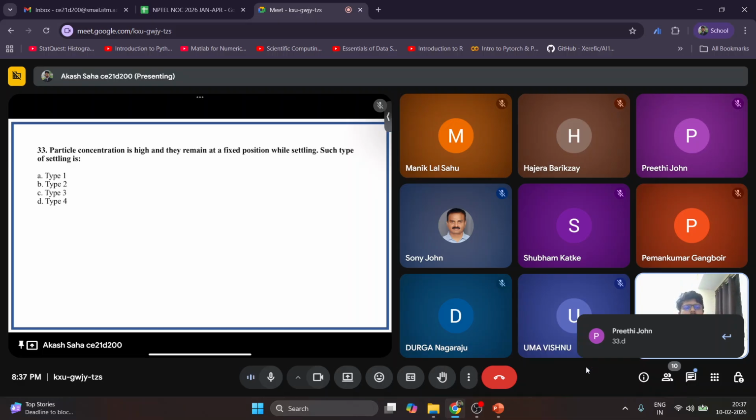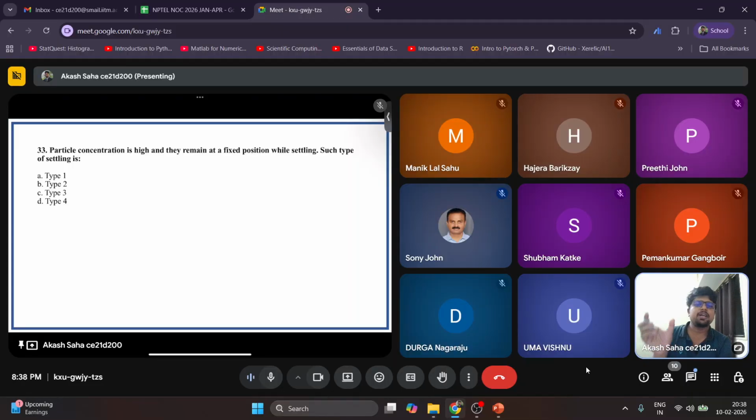Actually, see, both type 3 and type 4 will have high concentration. Just by seeing high particle concentration, I should have told you this before, both type 3 and type 4 have high particle concentration. Type 4 very high, but type 3 also high.